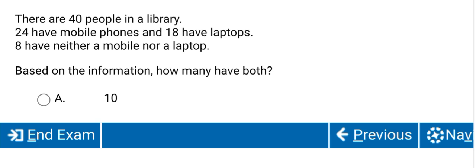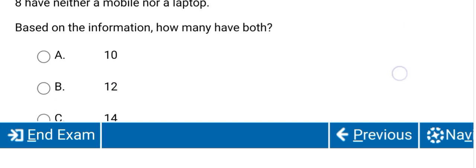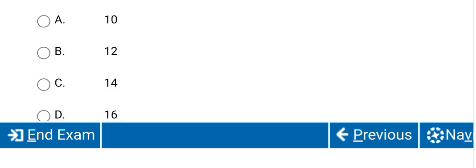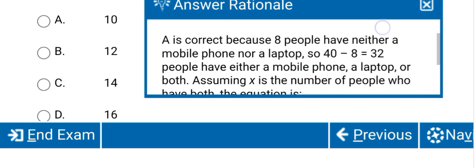So based on the information, how many have both? Option A 10, option B 12, option C 14 and option D 16. So here the correct response is option A.